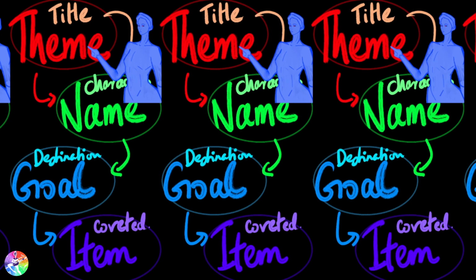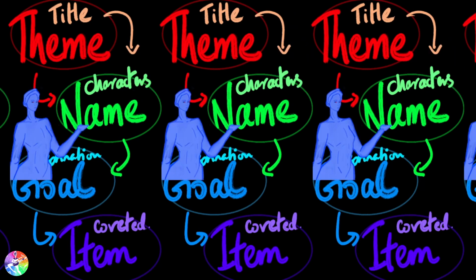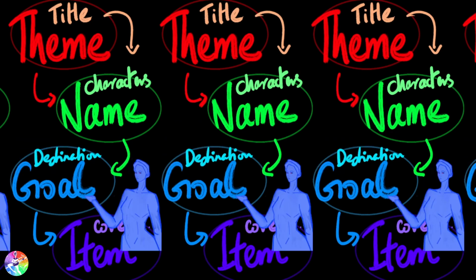And the name here generally will be given to one of your characters, or you can even implement the different dimensions of your theme in your multiple characters, which will allow you to transcribe the identity of your character through the name and through the goal of each character, indicating the destination, the purpose of your story.